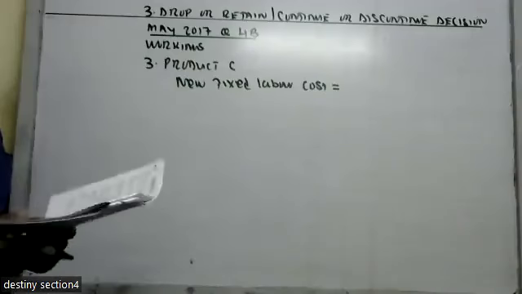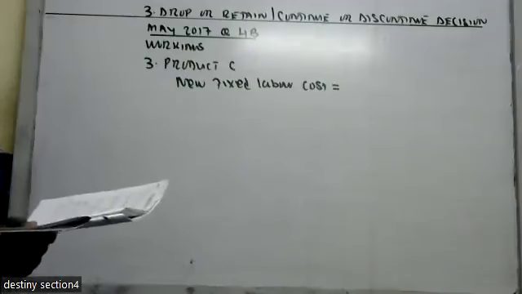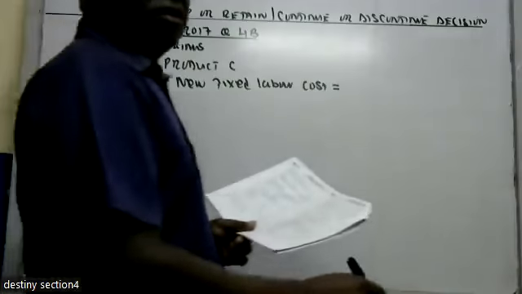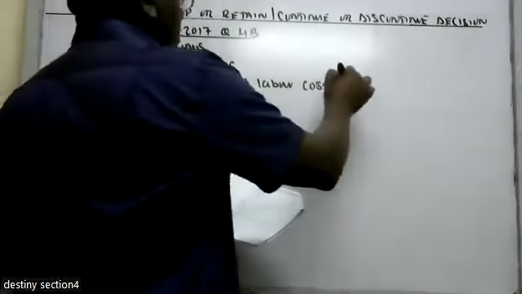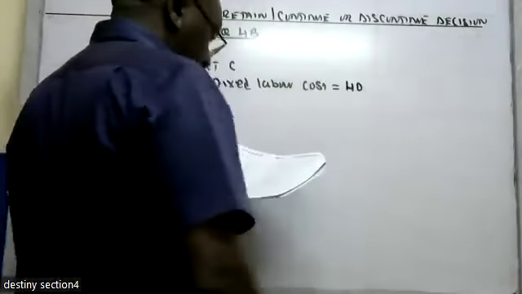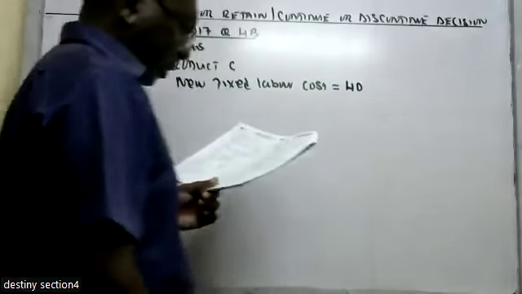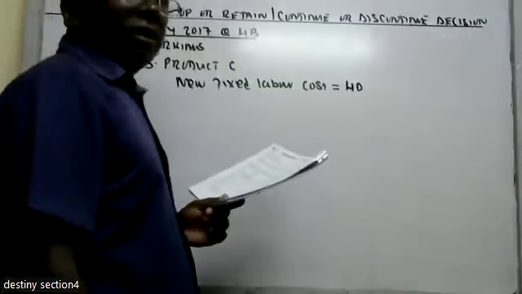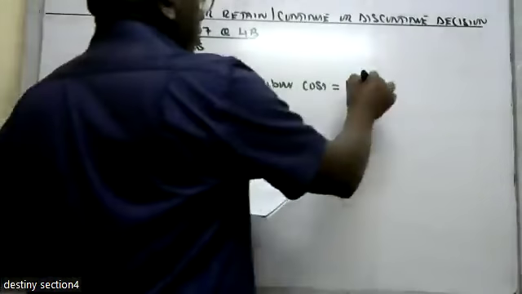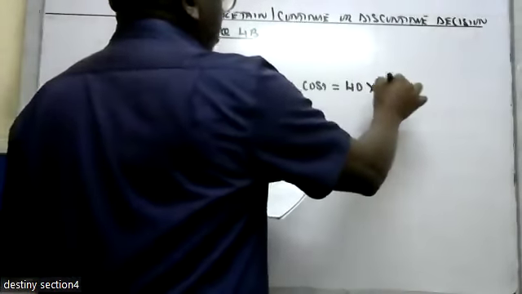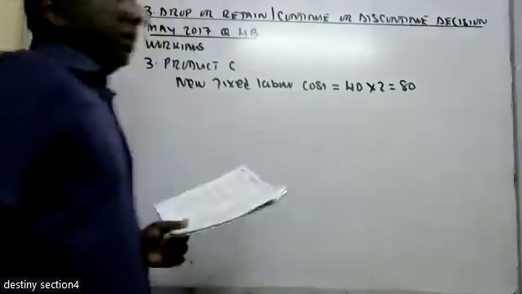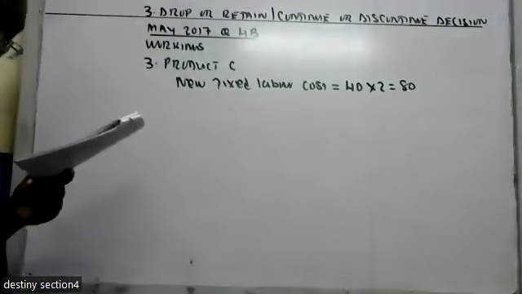C ilikuwa imepata ngapi? Fixed? 40. Is it? Fixed, eh? Okay, so 40, you multiply by 2, so that would be 80, because we are told it will double.